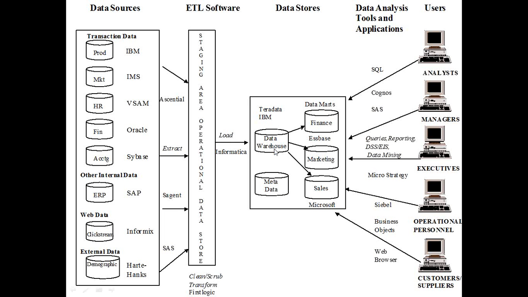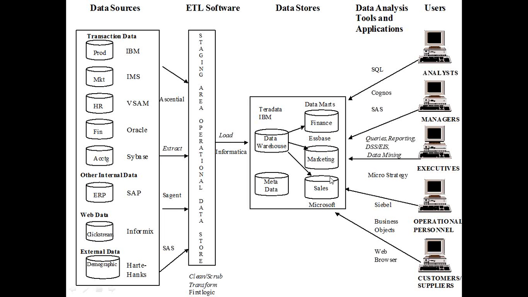If you see here, we are directly loading into the data warehouse, and then from the data warehouse they are creating the different data marts, say finance data mart, marketing data mart, and sales data mart. There could be many others like this. That's how the data marts and data warehouses are created.